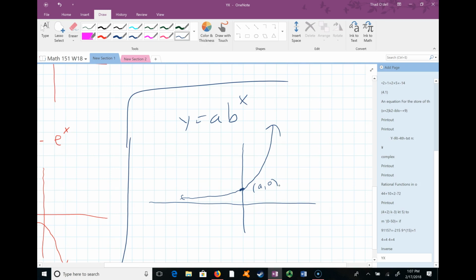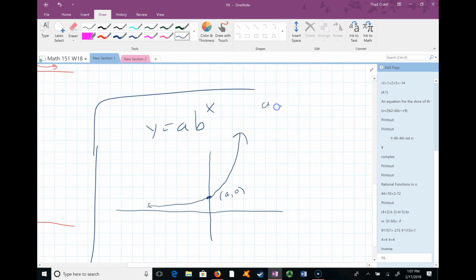So in this general form, we say that a is the y-intercept, or what we usually call it is the initial value, because that has some connotations in the applications. Because you can see the a is going to be the y value when x is equal to 0. So that's why it's called the initial value.